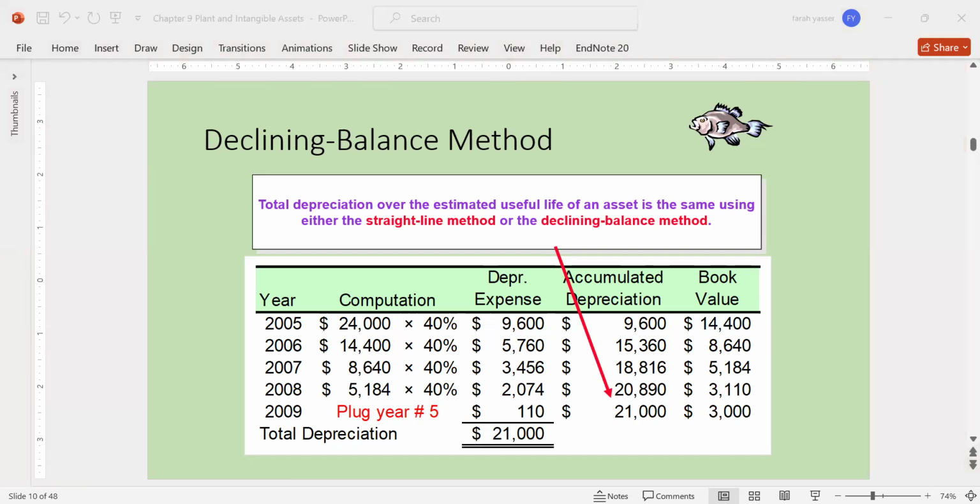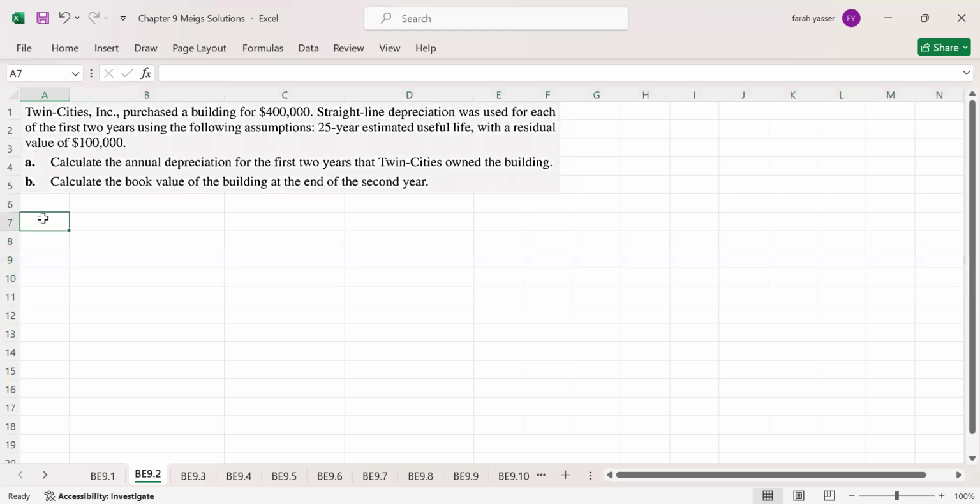So let's discuss in detail these methods from the book Williams, Haka, Bettner, Financial and Managerial Accounting. An example is brief exercise 9.2. So we are covering exercise 9.2. In brief exercise 9.2, we have a building costing 4 lakh or $400,000.